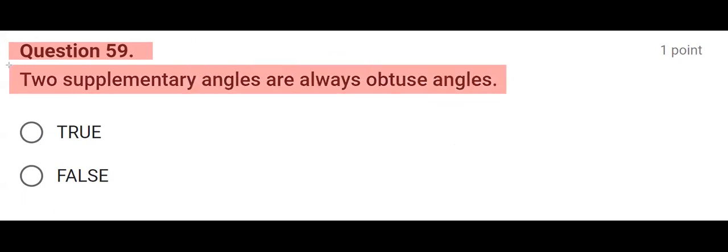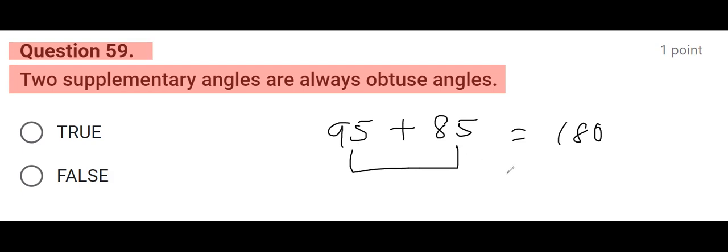In question number 59, it says two supplementary angles are always obtuse angles. Not necessarily. Supplementary angles are those whose sum is 180 degrees. Check here. We can take two angles. If I take one as obtuse, the other has to be 85 degrees, and as you can see, the sum is 180 degrees.